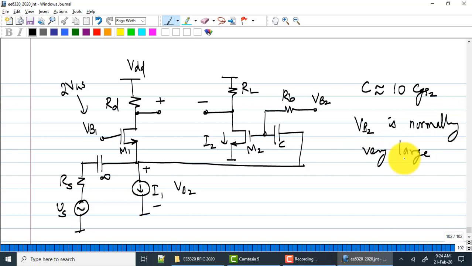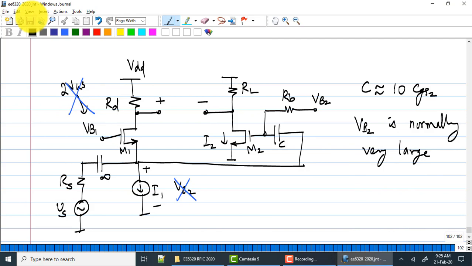The current density in M2 is extremely high, which means VB1 may actually be very high. What will you do if it goes above VDD? You can't do it, which is why it's always better to separate out the bias of the two circuits. So don't do this. Don't remove the capacitance. There are some special cases when you might be able to remove it, I'll put it that way.